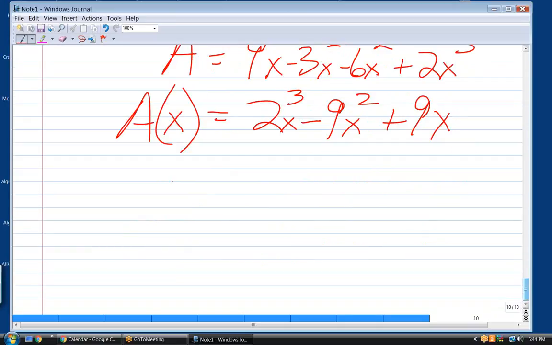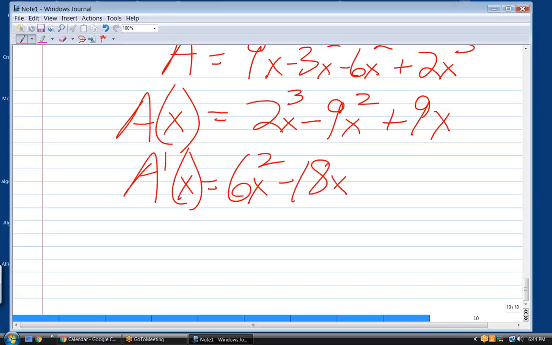Take the first derivative. 6x squared minus 18x plus 9. Set that equal to 0, because that's where your local minimum or maximum is. You've studied local mins and maxes, right?